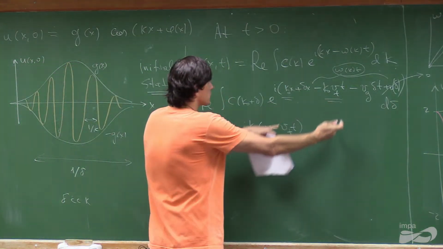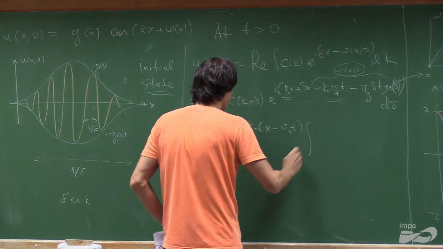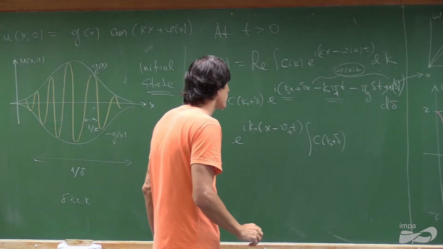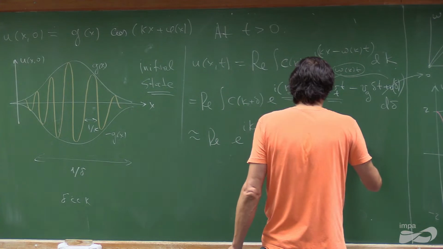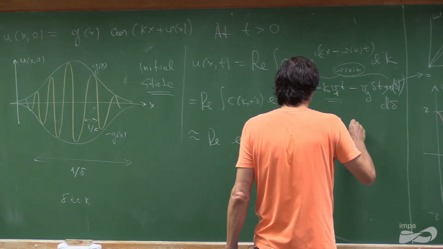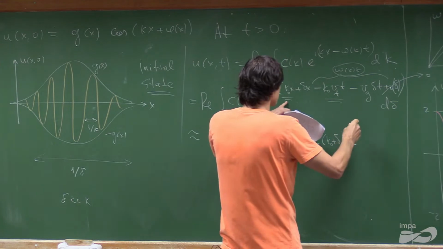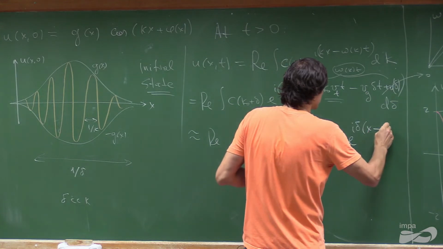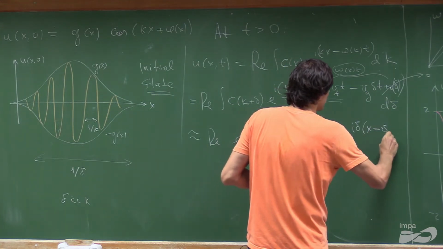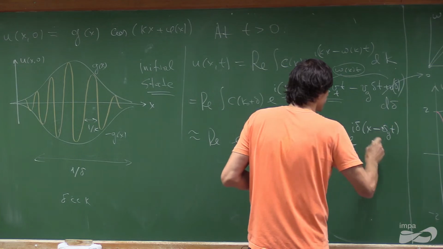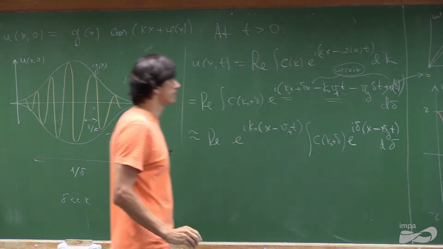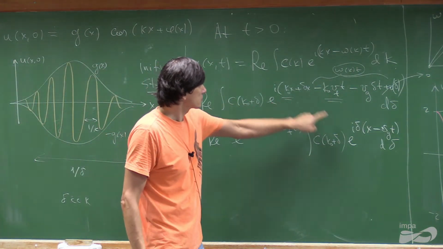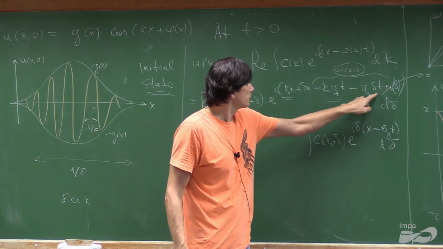So taking these two exponents out, what will be inside will be c of k0 plus delta, exponent i delta x minus vg t, d delta.